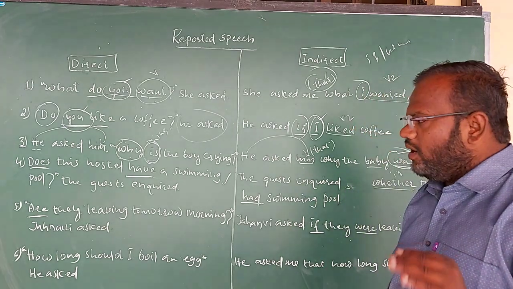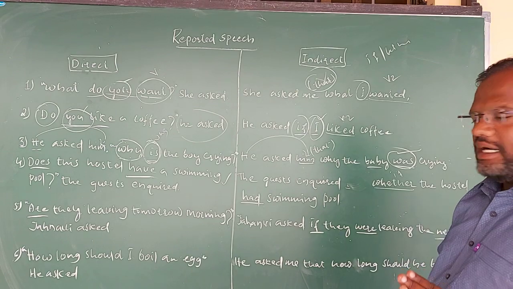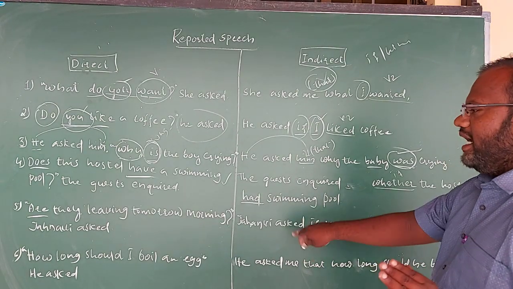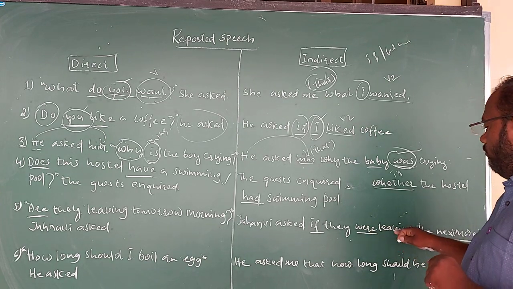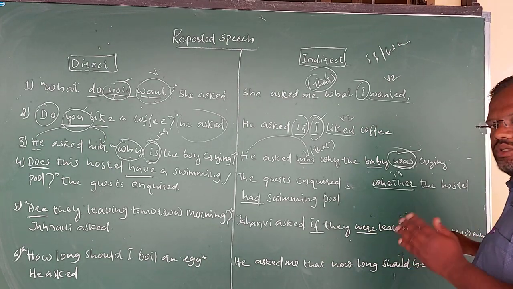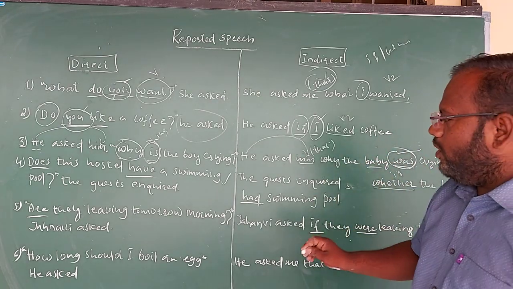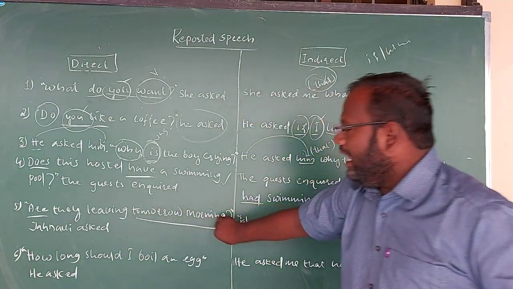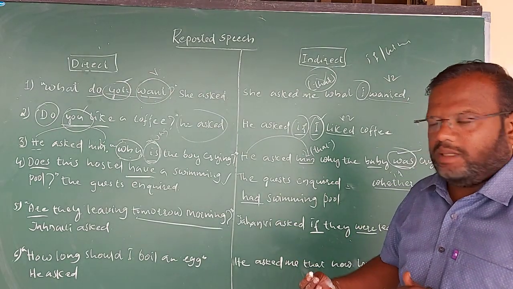So let's see that. "Are they leaving tomorrow morning?" Janvi asked. When we change it into indirect speech, it will become: Janvi asked if they were leaving next morning or the following morning, because "tomorrow morning" becomes "next morning" or "the following morning" in indirect speech.